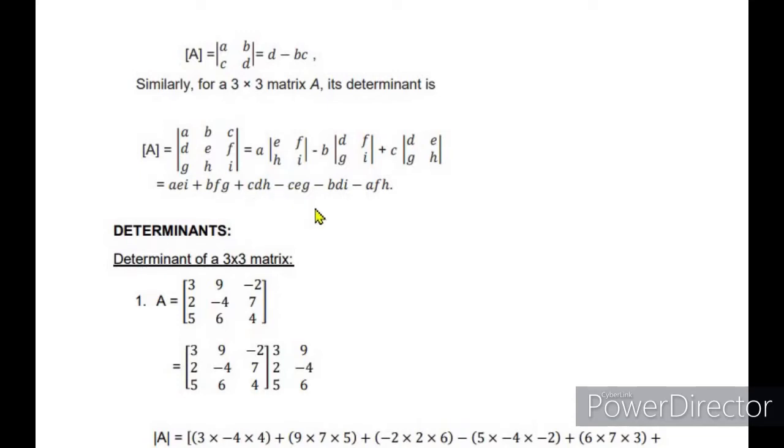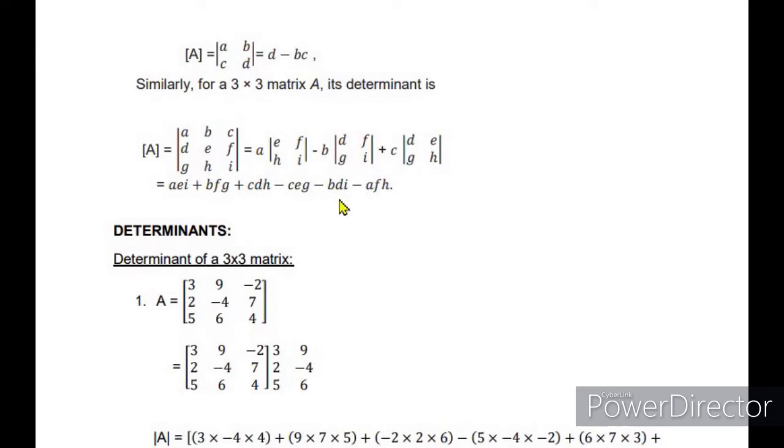So this is the same as the first multiplication. Minus CEG. We will just subtract the product of the element C and the diagonal elements that we did not use before in this addition. Okay, minus BDI. So it is the same.